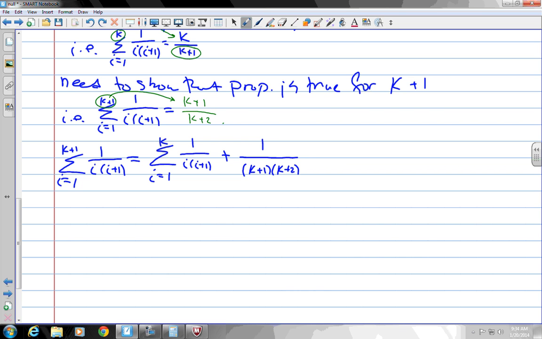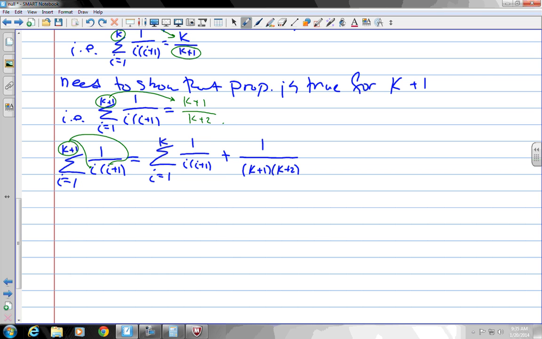If you plug in k plus 1 for every little i, that becomes k plus 1. That becomes k plus 2. Is that okay? So again, you get the first 1/2 plus 2/3 plus whatever we got there, and then plus that new extra step.